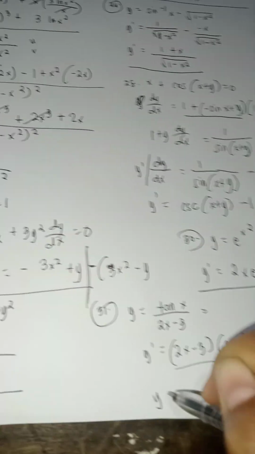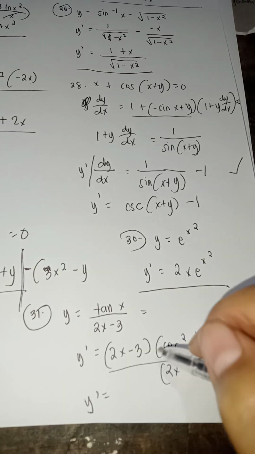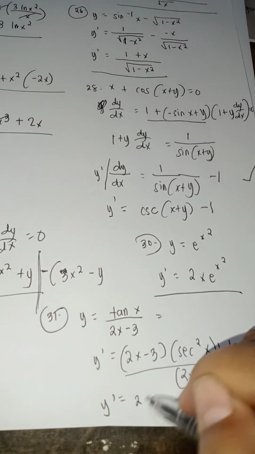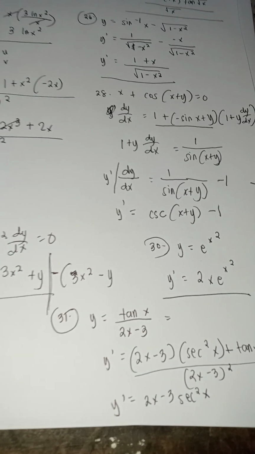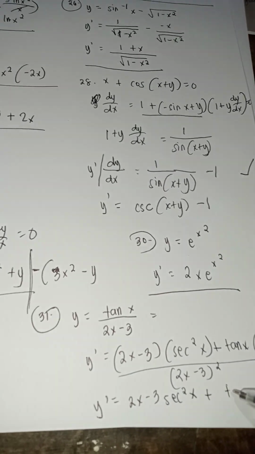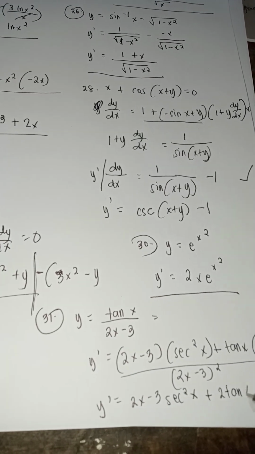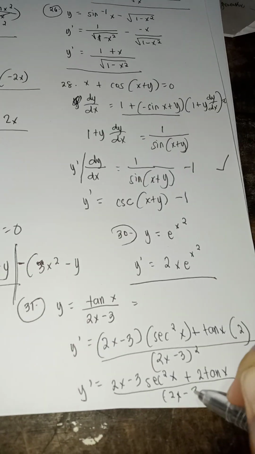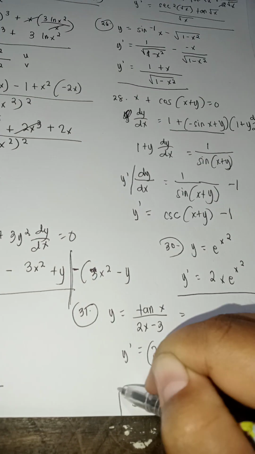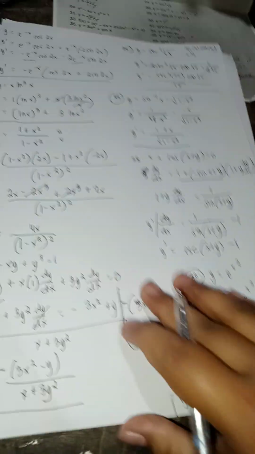So our final answer is equal to, distribute this, 2x minus 3 secant squared x plus 2 tan x over 2x minus 3 squared. So this is our final answer, number 31.